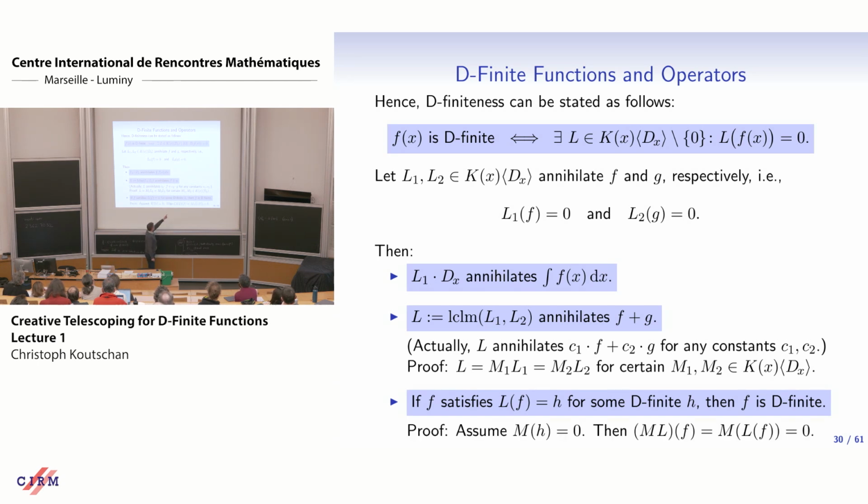That means if h is D-finite, there exists an operator m that kills h. And if we apply m from the left to L, and we apply it to f, then this is L of f. L of f is h, and then m is applied to it, so then m times L is an annihilating operator for this function f.